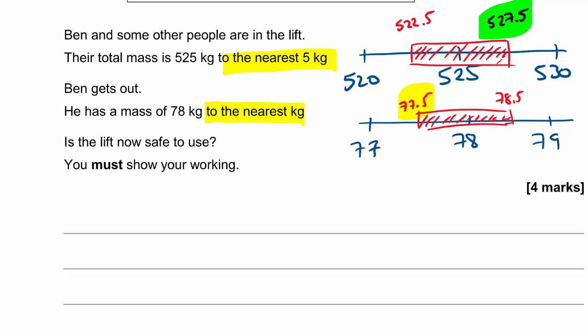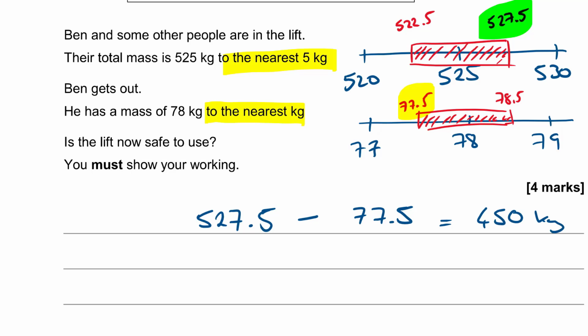So 527.5, subtract, so our heavy group subtract our light Ben. What does that give us? That gives me 450 kg exactly. Now, the total mass of people must be 450 kilograms or less.